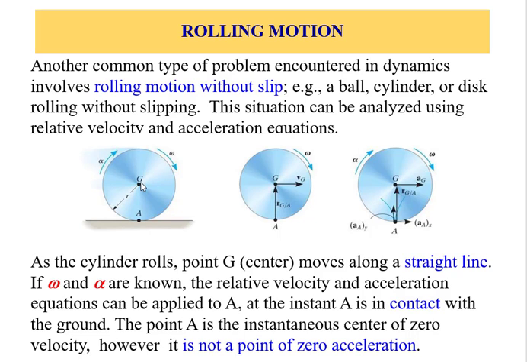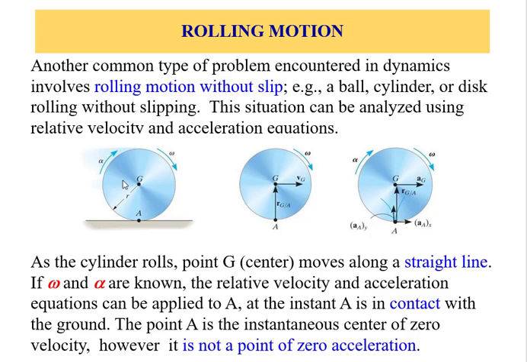Let's calculate the velocity of G. Since this is IC, the velocity of G with respect to A looks like a simple rotation, so it is equal to omega, a negative omega if clockwise, k cross rG with respect to A, which is the vector from A to G, in this example rj.